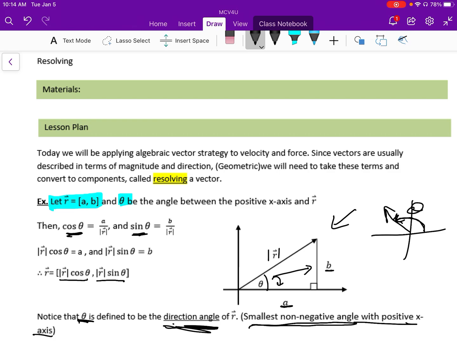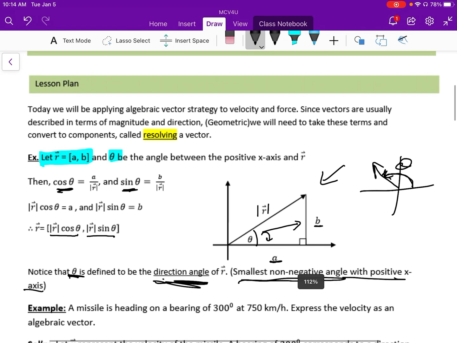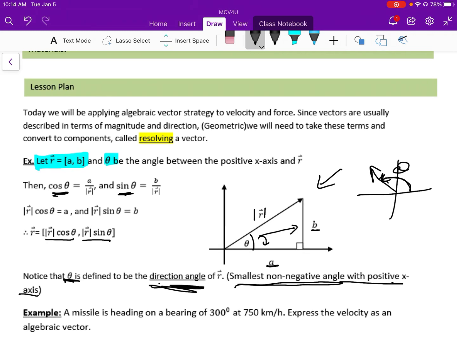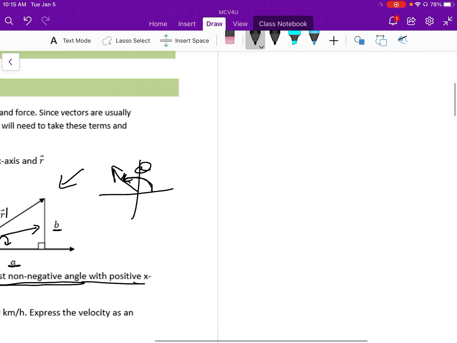As an example, take a look at this missile question. It's heading on a bearing of 300 degrees at 750 kilometers per hour. Express this as an algebraic vector. First of all, let's take a look at what a bearing is. Bearings start at north.